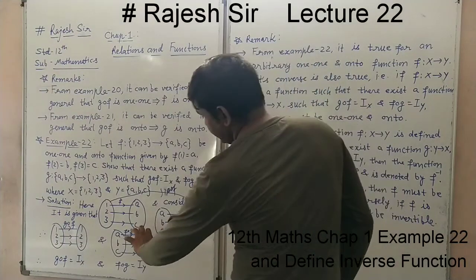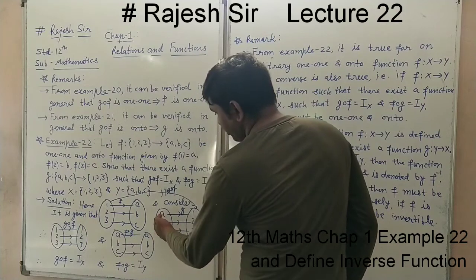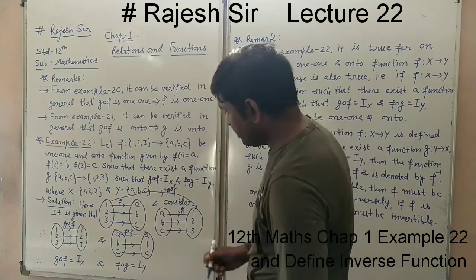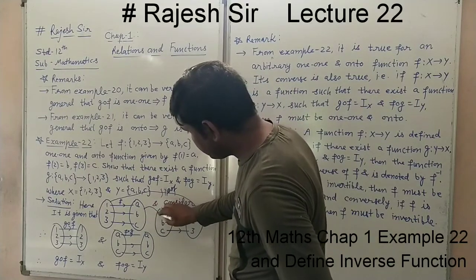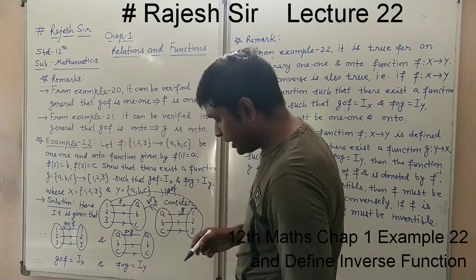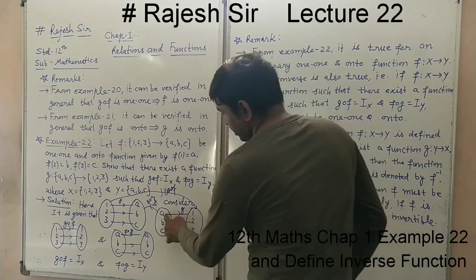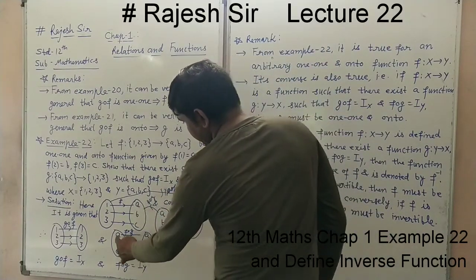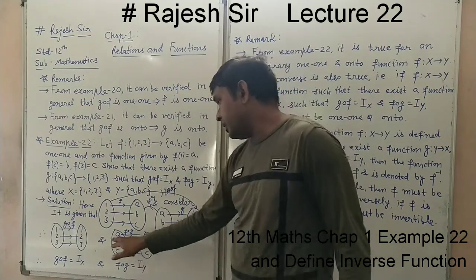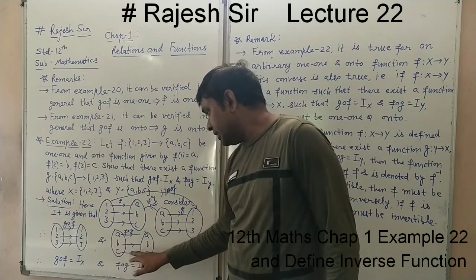Similarly, FOG means we have to go in reverse. FOG will be from here to here. In that you can see a, b, c images are a, b, c, in which a's image is a, b's image is b and c's image is c.